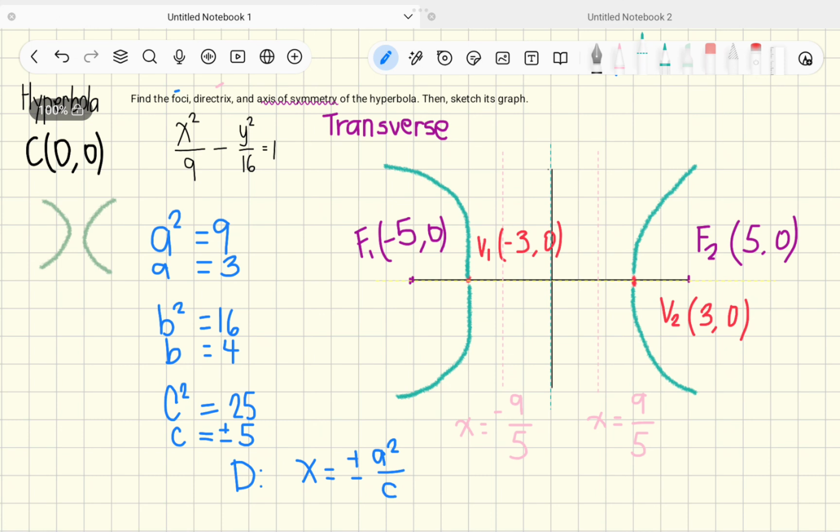So that's how you graph the hyperbola. You already have the foci, the vertices, the center at the origin, your directrices, then your transverse and your conjugate axis.